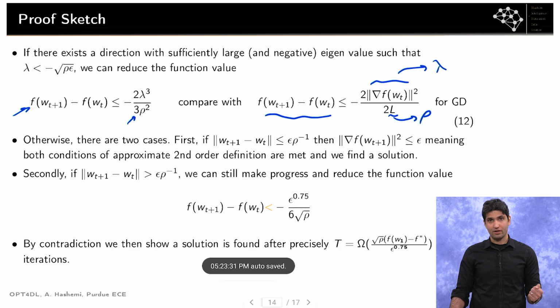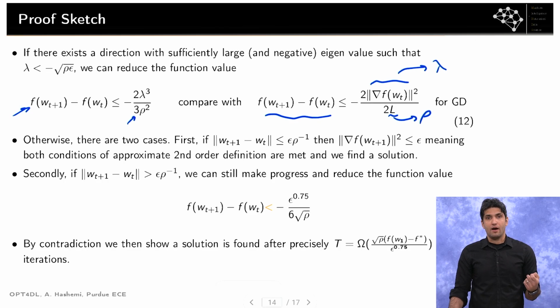Okay. All right. So therefore, the first step is, if there is a significantly negative eigenvalue, we can identify that direction and leverage it to make progress. Okay. Otherwise, there are two cases. Otherwise means that we are at a point at which all the eigenvalues are not too negative. So in particular, it means that we are satisfying one of the conditions of the second order stationarity definition.